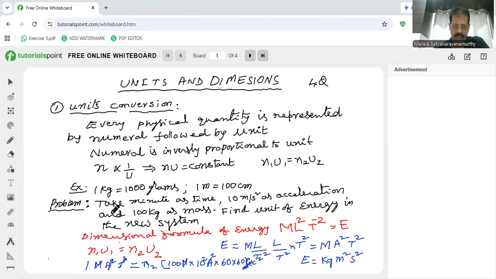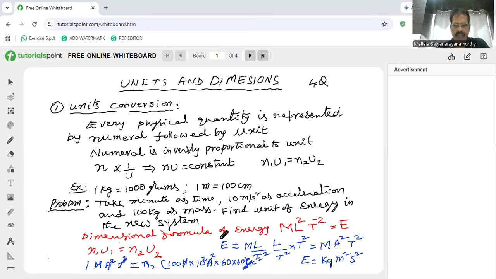But what he is asking in the problem: take minute as the unit of time, 10 meter per second square as the unit of acceleration, and take 100 kg as mass. Find the unit of energy in the new system. This is a very important question.